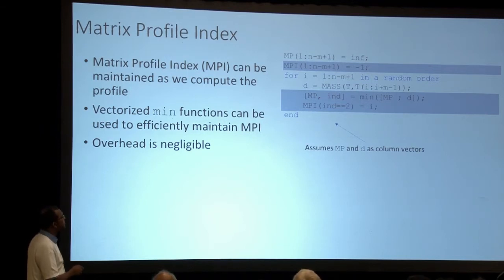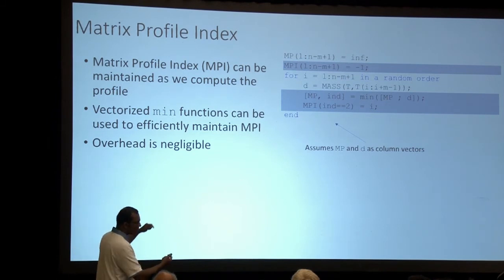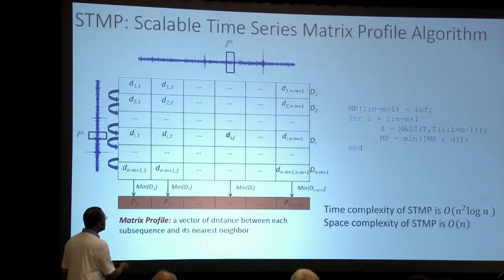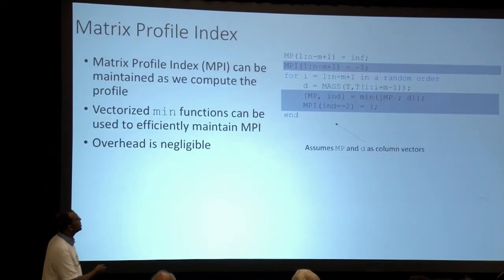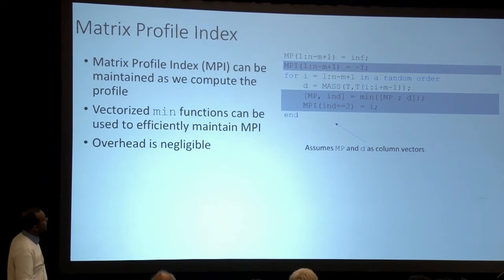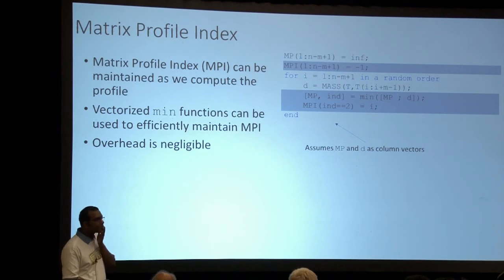Whenever there is an update in any of these cells, you update the matrix profile index to point to the right nearest neighbor. So the overhead is negligible, because whenever you are checking the minimums, you just keep the indexes.